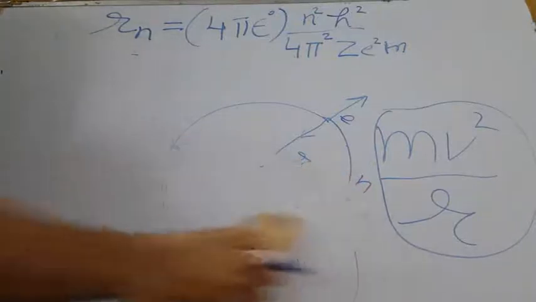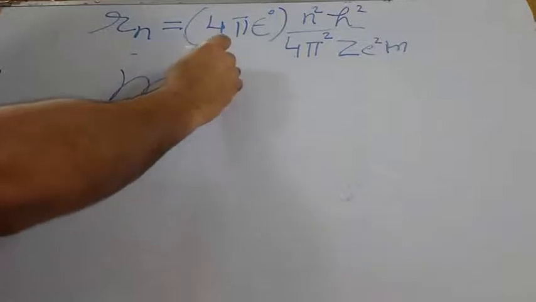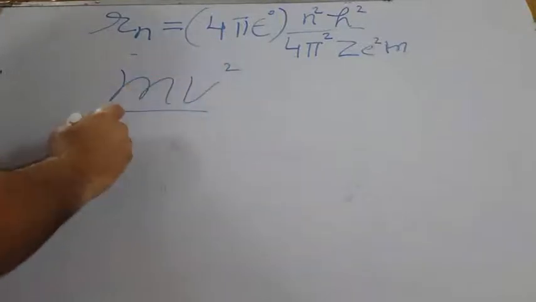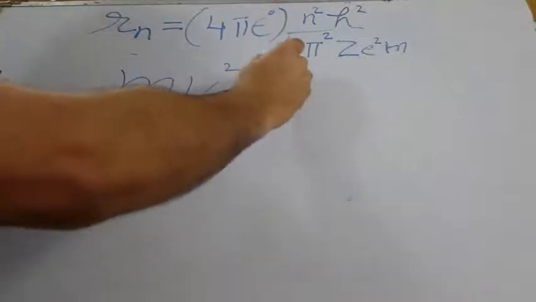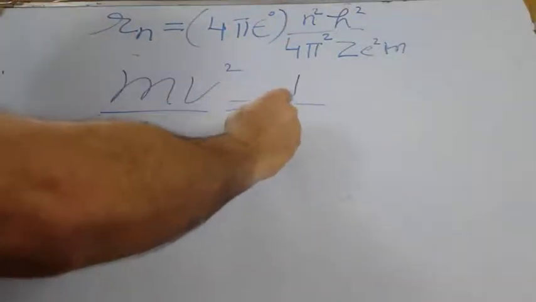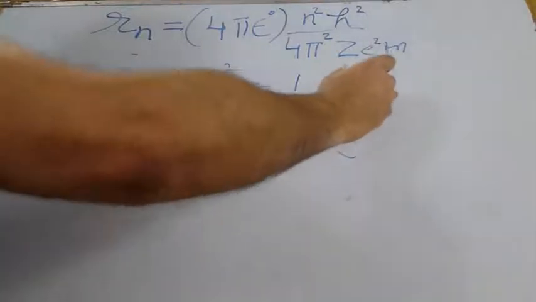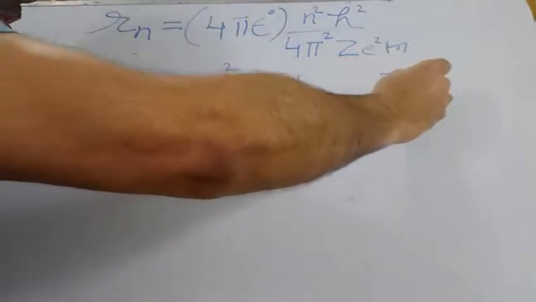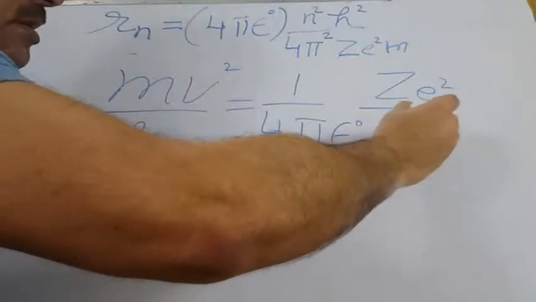Let us equate these. The equation comes out to be mv square upon r is equal to 1 upon 4 pi epsilon 0 Ze square upon r square.